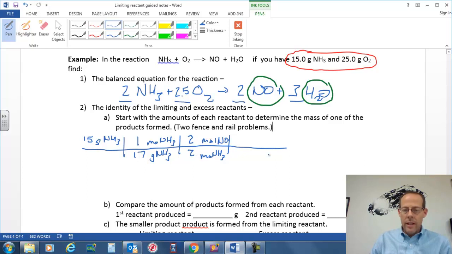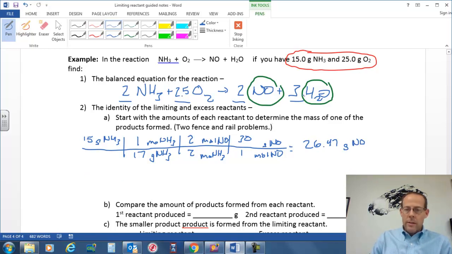And then lastly, I want to change my moles of NO to grams of NO. Alright, so once again I have moles and grams in the same fence post. That's molar mass. If it's molar mass, a 1 goes in front of moles. And my mass of NO is basically 30, because nitrogen's 14 and oxygen's 16. And when I do that math, I believe we get about 26.47 grams of NO.